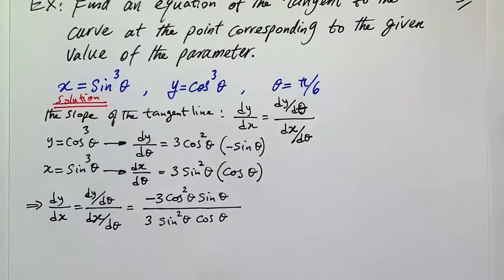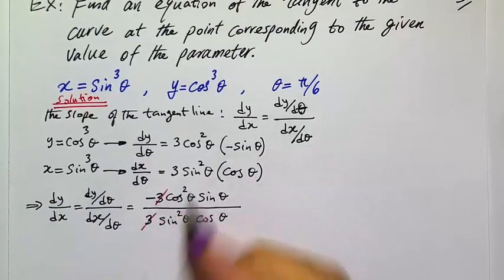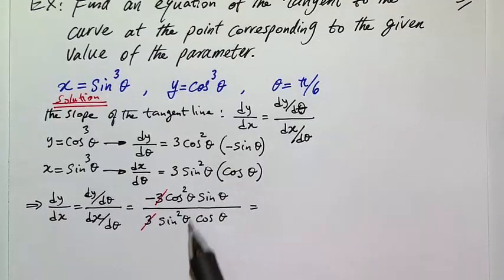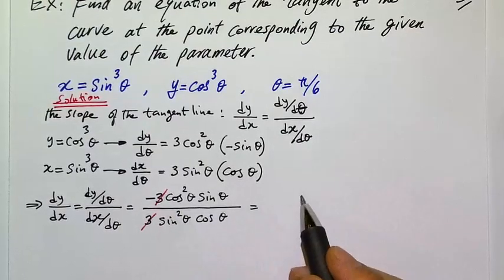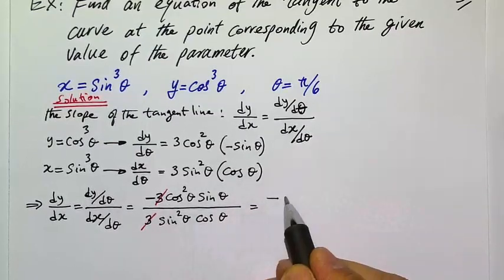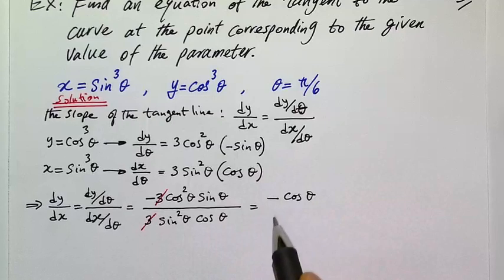Of course, this 3 and this 3 cancel out, and the cosine theta cancels with one of the cosines, and we end up with minus cosine theta in the numerator.